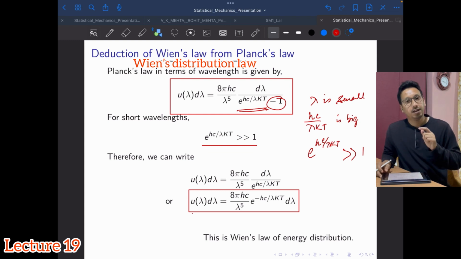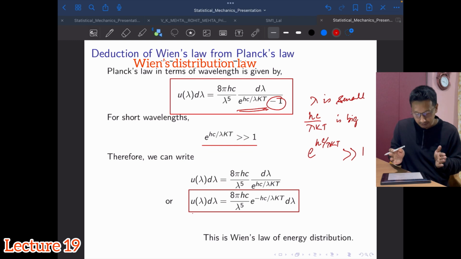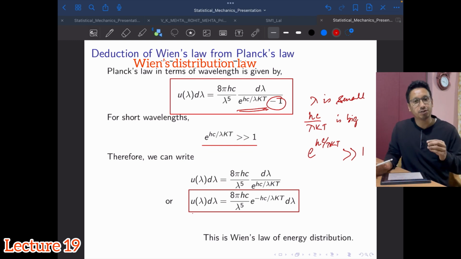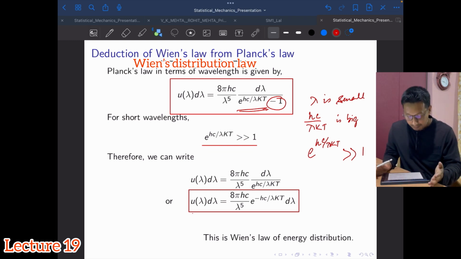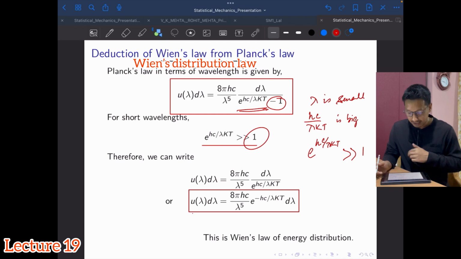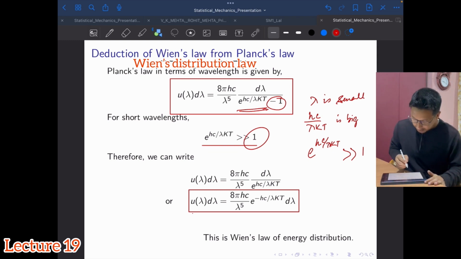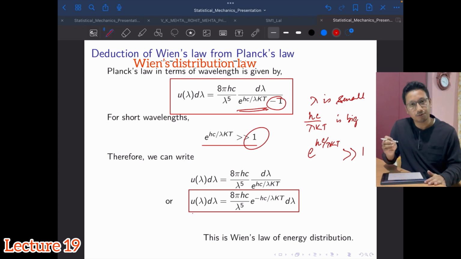By taking the condition for short wavelength, where the exponential term becomes much larger than the numerical value 1, Wien's law automatically comes into existence. So you can see Wien's law from Planck's law.